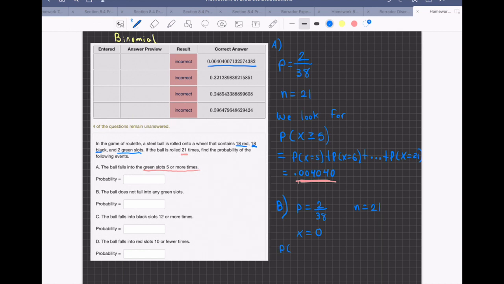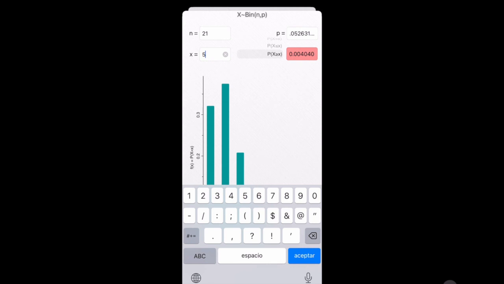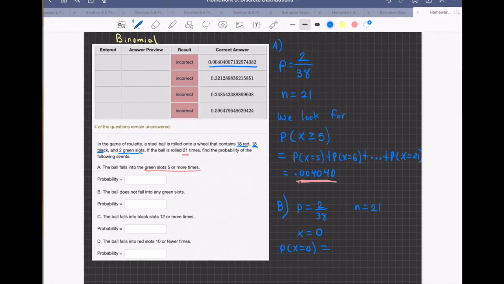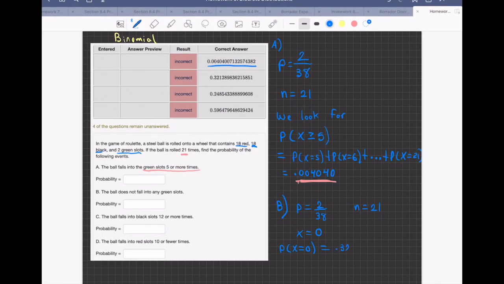So we want probability of x equal to 0. And this is what? Go again to the application. Change the x by 0. But change the fourth box to equal. The probability is 0.32129. It's the same here, right?